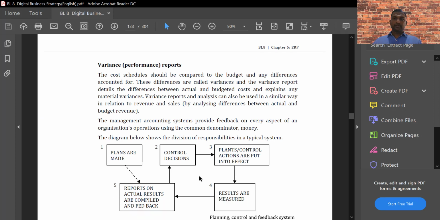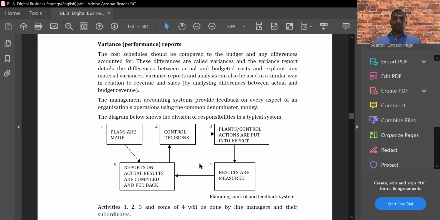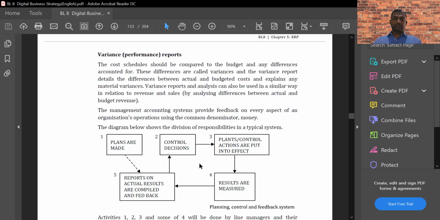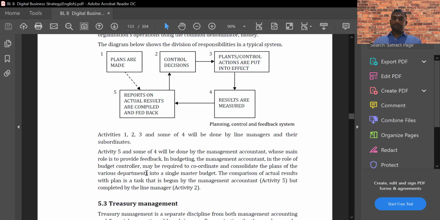So let's look at it in your study guide. This is in chapter 5, the ERP chapter. You can find this section under variance reports, performance reports. So if you look at here, it explains activities 1, 2, 3, and some of the activity 4 will be done by line managers.